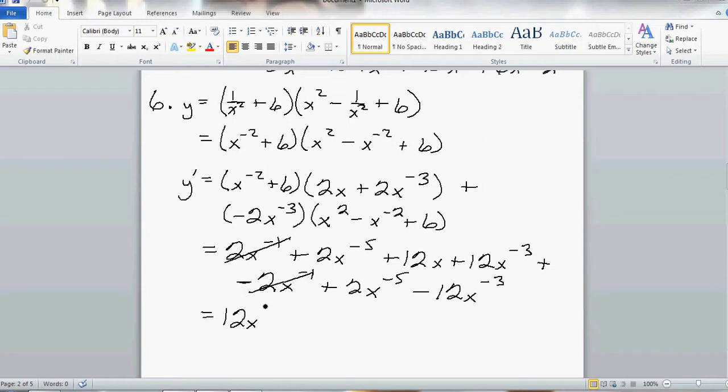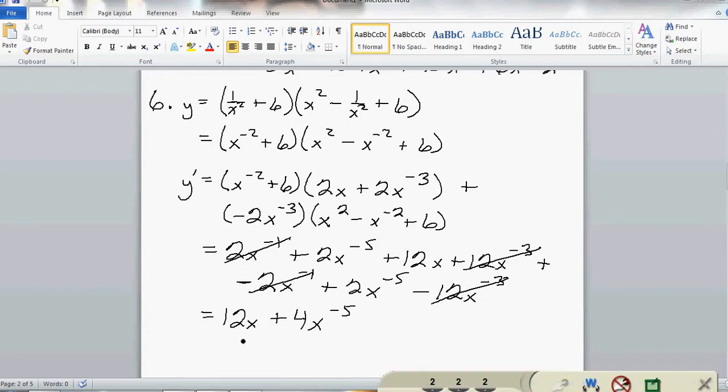Then the next biggest is the x to the negative 3. Well, 12x to the negative 3 minus 12x to the negative 3, those cancel each other out. Wow, this is turning out fairly nice. And then that only leaves the 2x to the negative 5th plus 2x to the negative 5th is 4x to the negative 5th. Now realize why double prime would be super simple if we really needed to do the second derivative. But we don't.